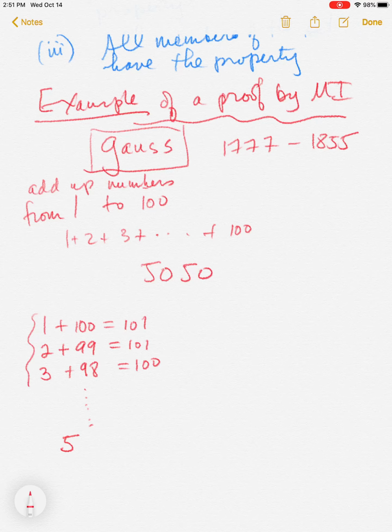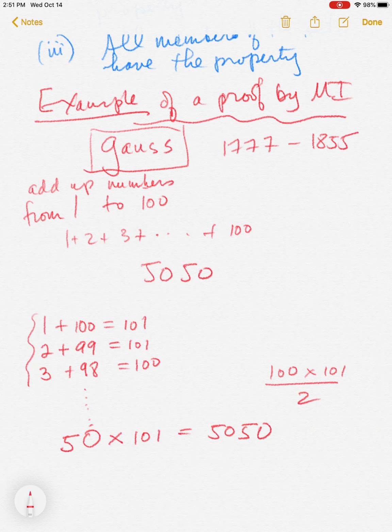These are just 3. There are 50 of them. So he said, okay, 50 times 101 is 5,050, right? So what he did was multiply 100 times 101 and divide it by 2, and he got the answer.